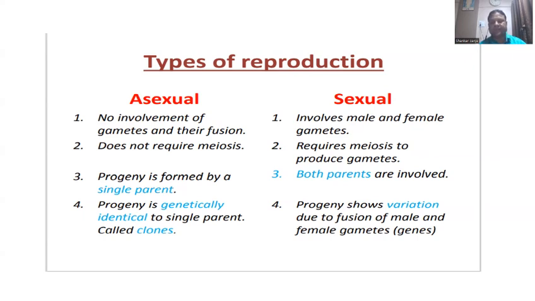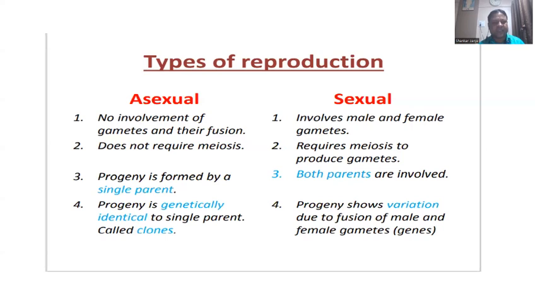Meiosis is a kind of cell division in which chromosome number is reduced to half. Next differentiating point: progeny means individuals, offsprings. Progeny is formed by a single parent, and here both the parents are involved.